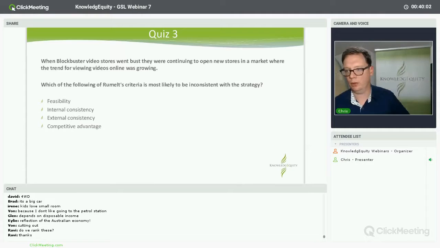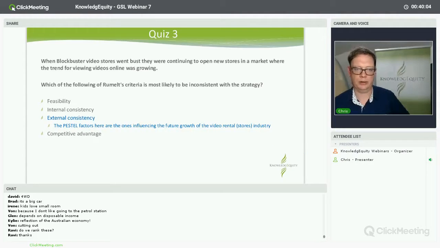External consistency. Now, why would you choose that? Because it's correct. Of course, we're talking about the future growth here, aren't we? The future growth of the industry. We're talking about PESTLE. We're talking about a social factor in PESTLE changing, leading people to go, plus an introduction in 5 Forces of a new entrant to the market.